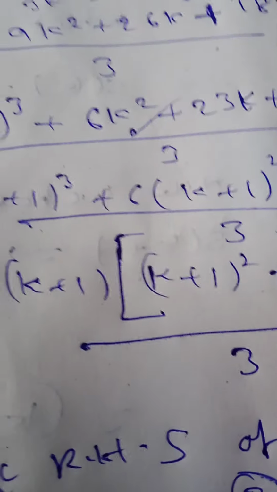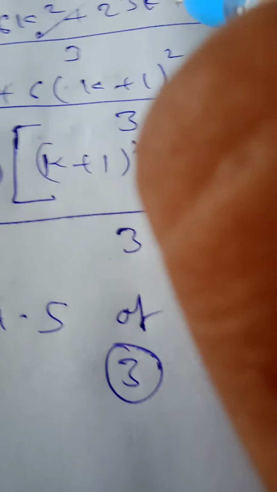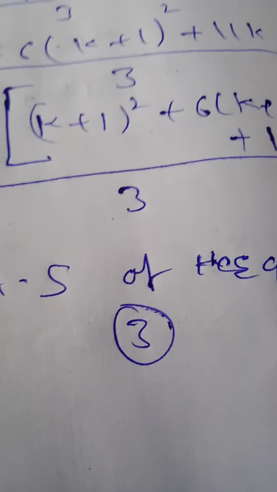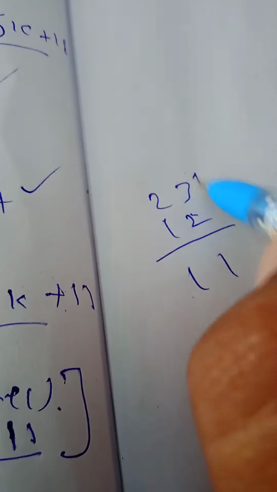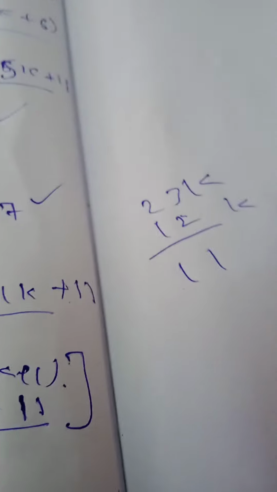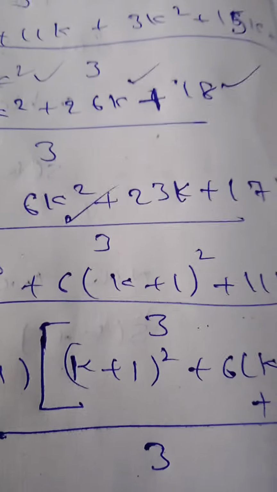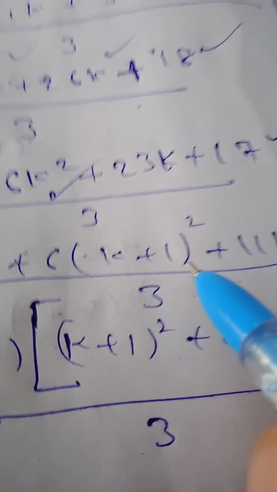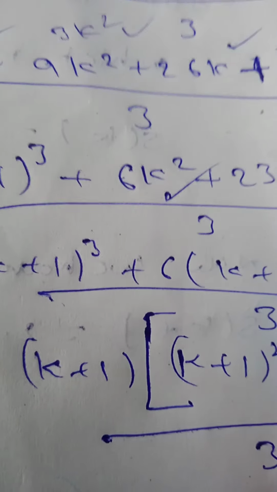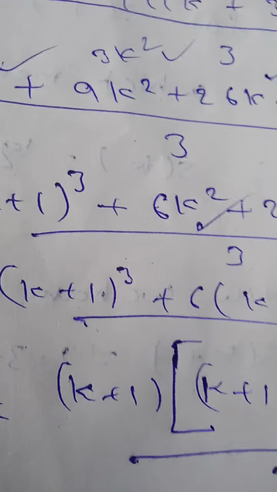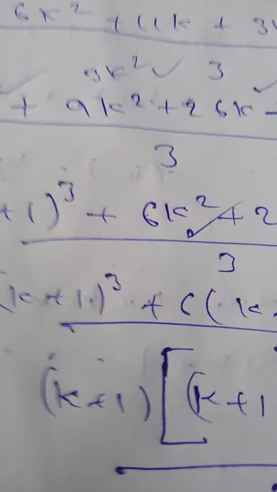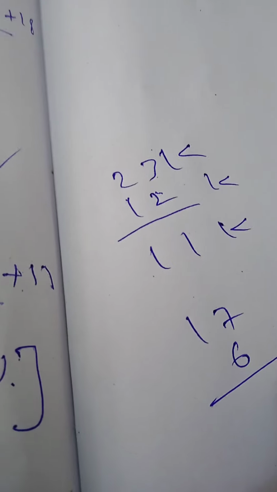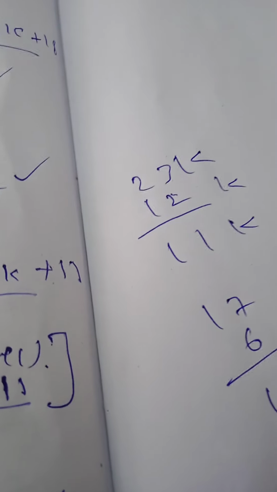From 23k, 23k minus 12k equals the remaining 11k, and 17 minus 6 is 11.